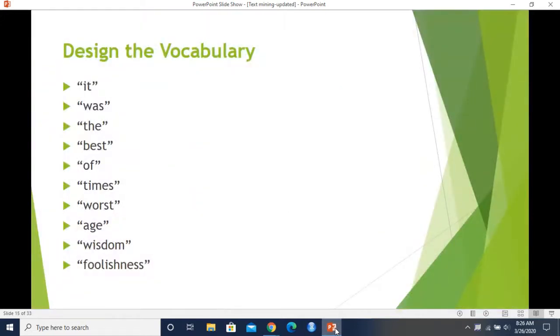Now we can make a list of all of the words in our model vocabulary. The unique words here, ignoring case and punctuation, are it, was, the, best, of, times, worst, age, wisdom, foolishness. That is a vocabulary of 10 words from a corpus containing 24 words.